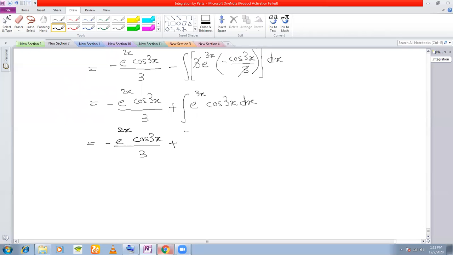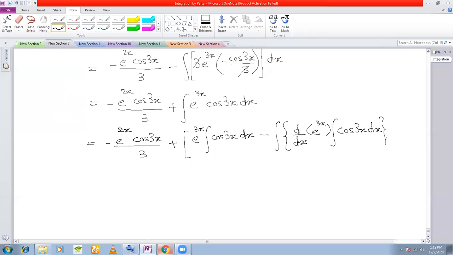Plus first function, again you take e to the power of 3x as your first function, integral cos 3x dx minus integral of the derivative of e to the power of 3x into the integral of cos 3x dx, and whole thing you integrate with respect to x.